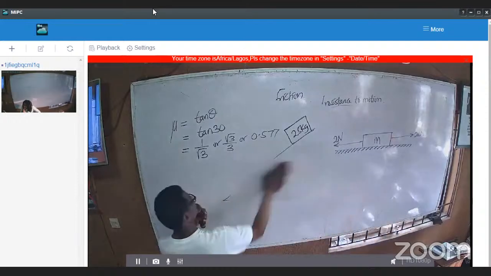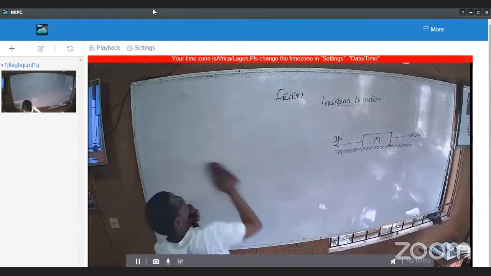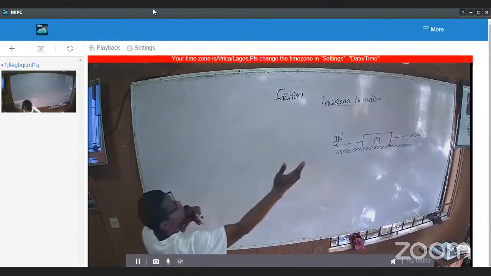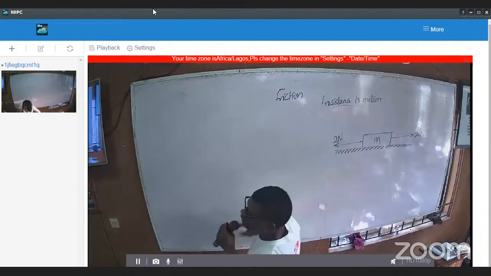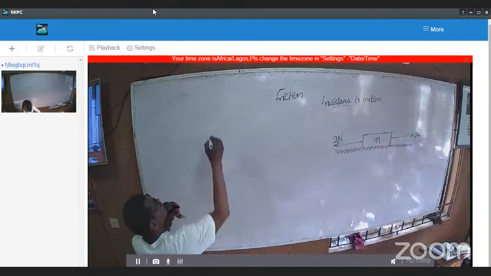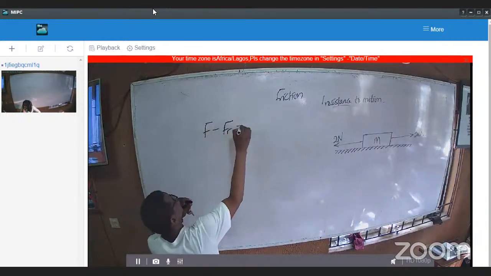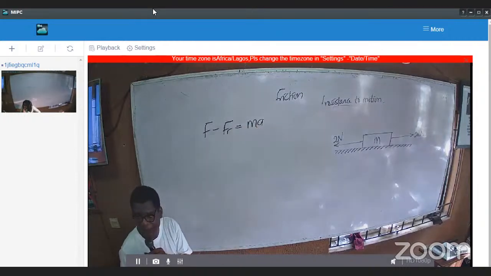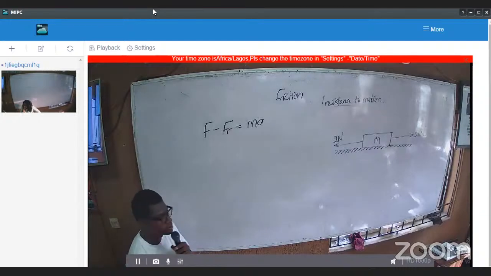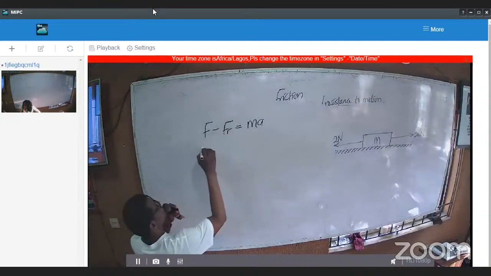The first thing is to find the resultant force. You know, this is the major force. This is resistance. That word resistance means what? Friction. So applied force minus friction will be MA. The applied force now is 20.